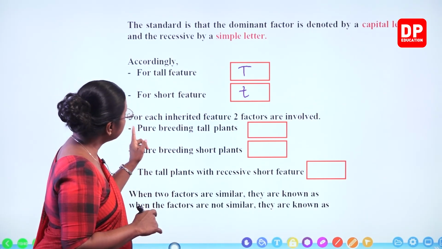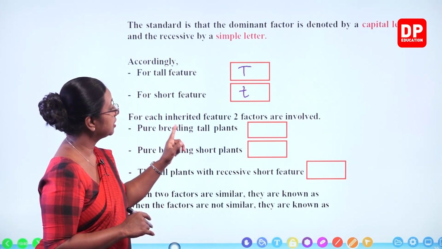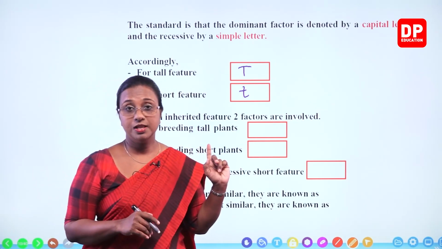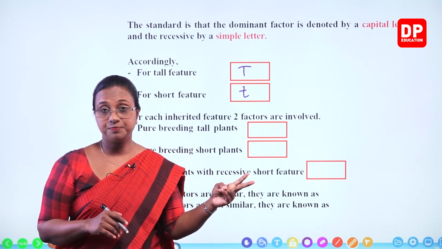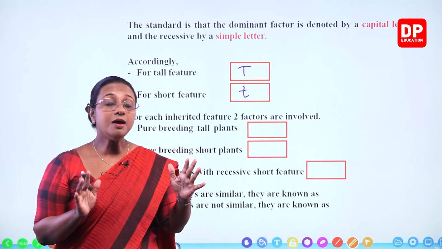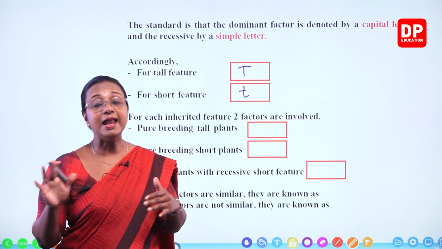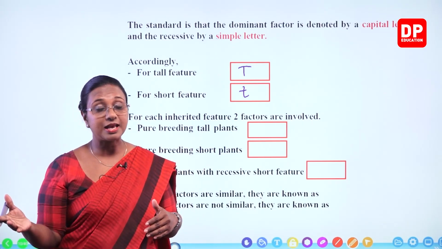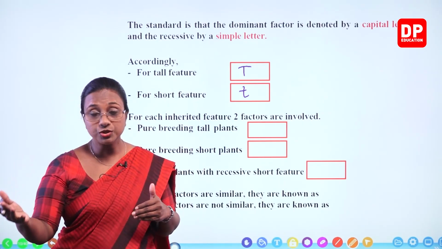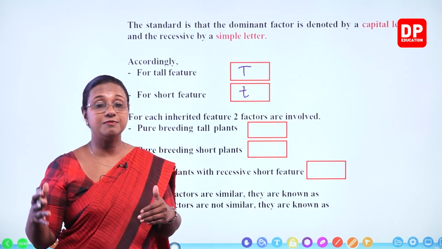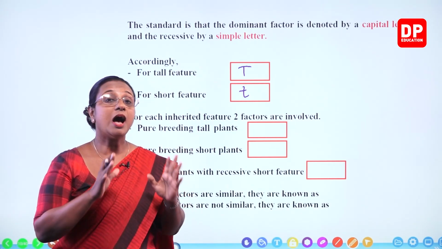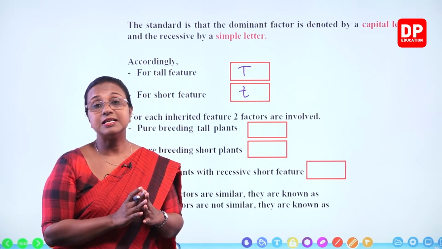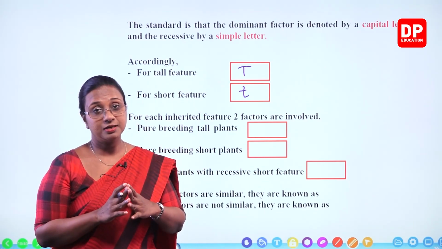Then, for each inherited feature, two factors are involved. Now, according to Mendel, two factors determine the feature. Now, there are purebred plants and plants with mixed characters which show the dominant feature, where the dominant feature is expressed. So, if both characters are same, then it is the purebred plant.